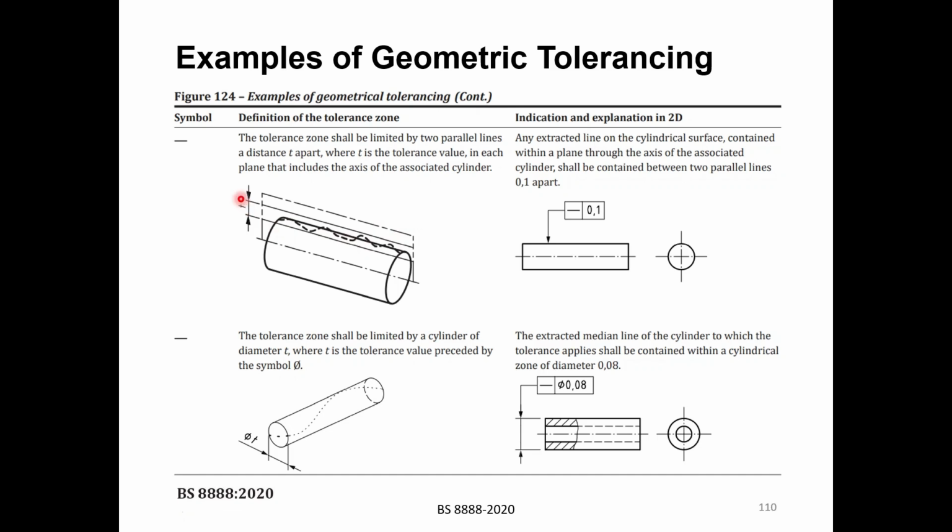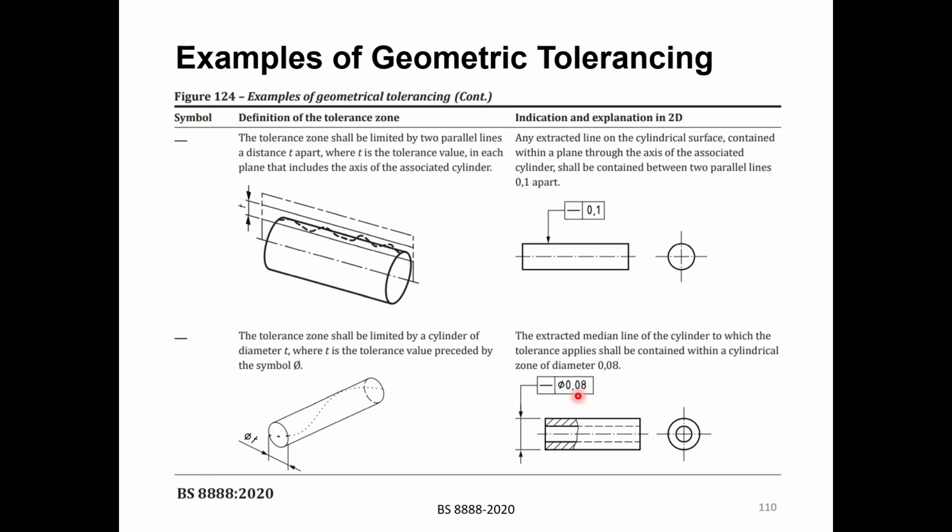The distance between them is small t, which is the tolerance 0.1, and then you say that the edge or the top surface here must be within this tolerance. So it can have any shape. The dashed solid line here is, of course, exaggerated, but it says that this top surface can have any shape, as long as it is within this tolerance zone, it should be accepted. Sometimes they can define this as phi 0.08.